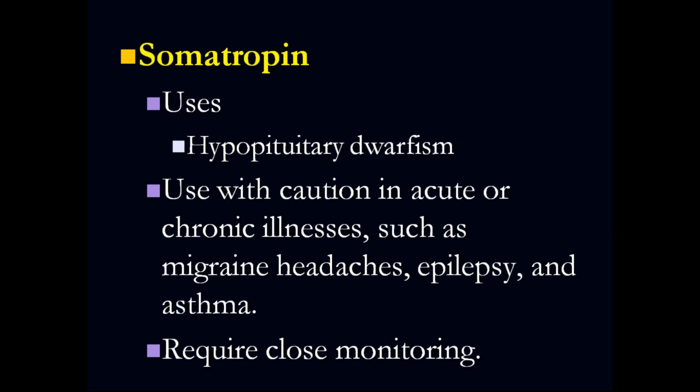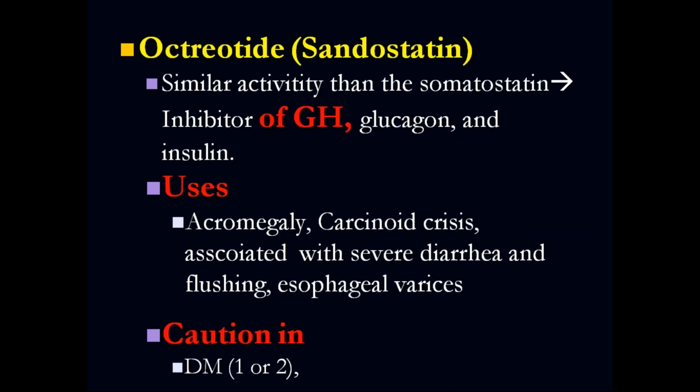The threshold for epilepsy is going to decrease, so it's easier for the patient to start having seizures. So be careful with patients who are receiving somatotropin and having epilepsy. And the same for asthma. It's going to exacerbate and make asthma attacks worse. So that's why it requires close monitoring.